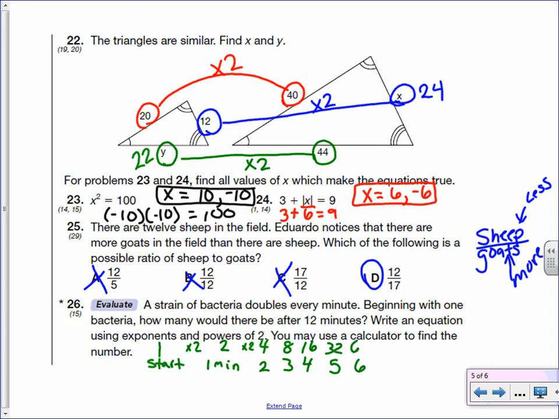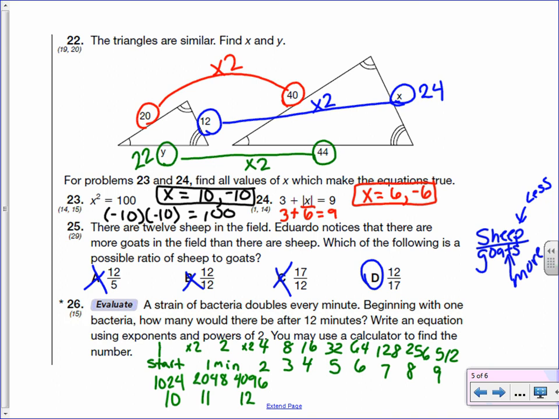6, you'd have 64. 7, you'd have 128. 8, you'd have 256. 9, you'd have 512. 10, you'd have 1024. 11, you'd have 2048. And then 12, you'd have 4096.